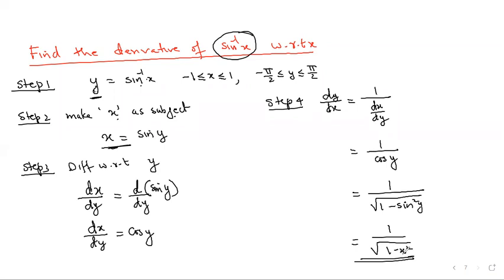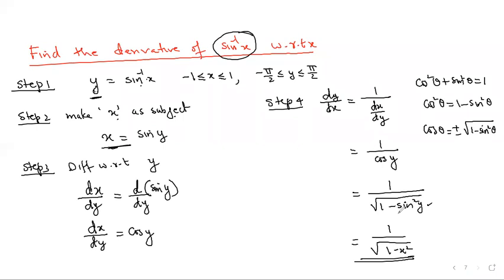But there is one small mistake here, in the whole thing that I've written. How did I get this formula? Cos square theta plus sin square theta is 1, so cos square theta is 1 minus sin square theta. So cos theta is plus or minus root of 1 minus sin square theta.